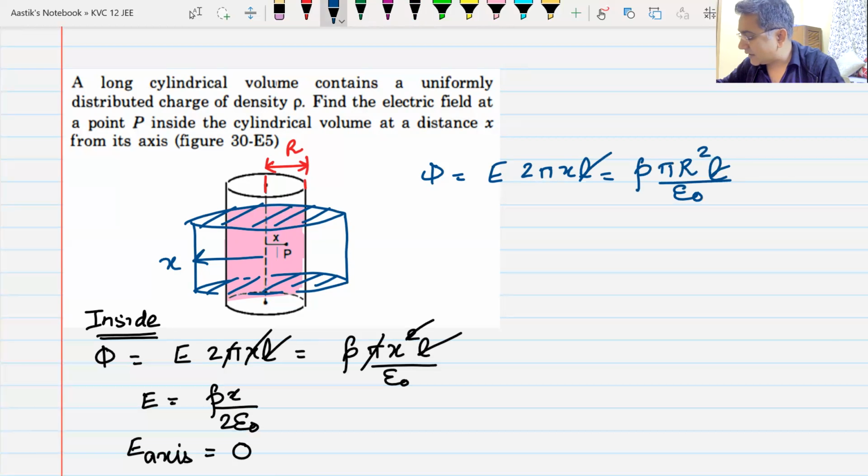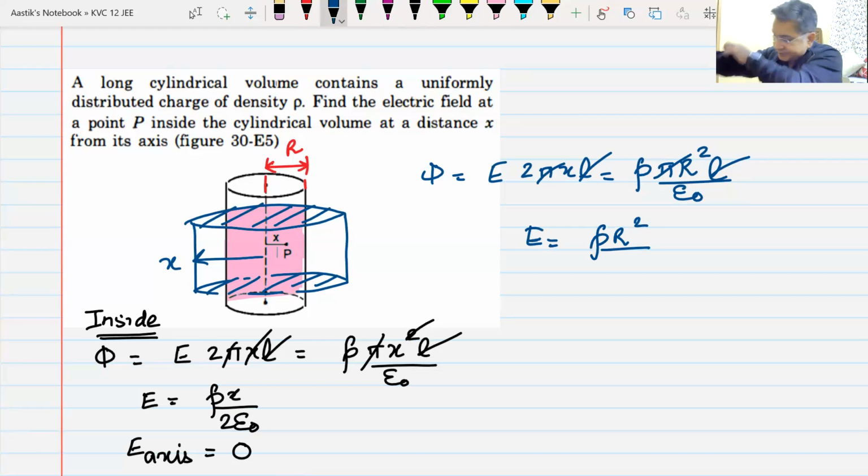L gets cancelled, pi gets cancelled, and you will get your electric field as rho r square by 2 epsilon naught.